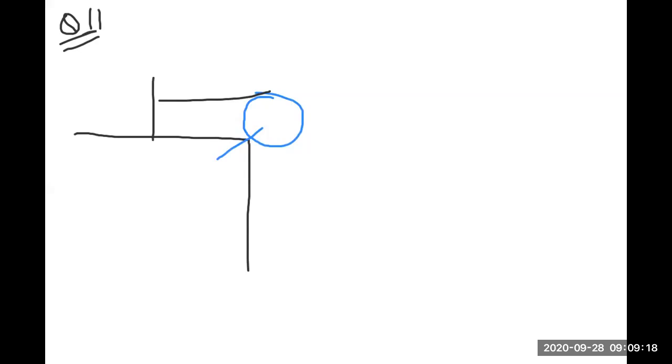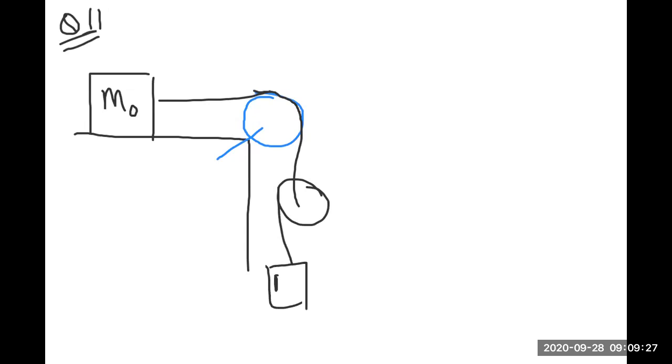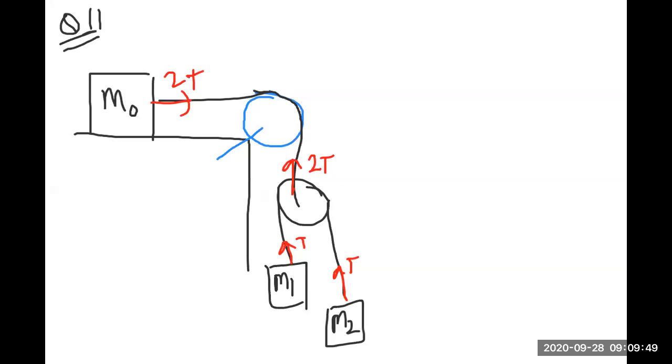If you have a knot and M1, M2, then you will say that the tension here is T and the tension here is 2T, and you will say that the acceleration is A naught, acceleration is A1, acceleration is A2, and then you simply write down the equations.